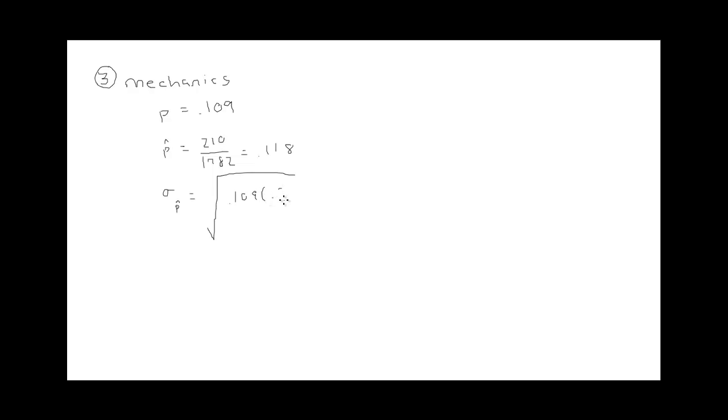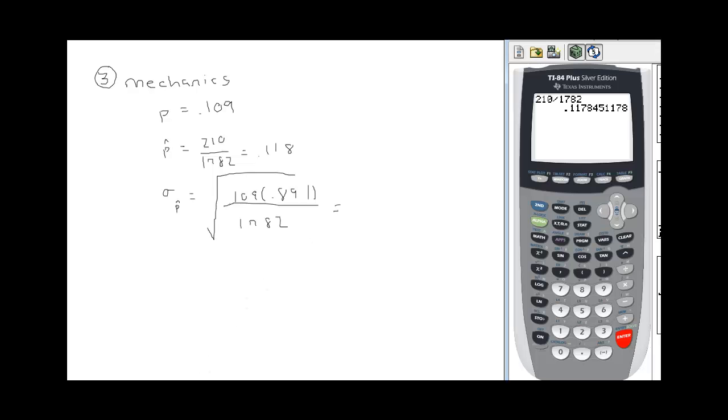So I'm going to calculate the standard deviation, which is going to be, in this case, the square root of 0.109 times the complement, 1 minus 0.109, which is 0.891, divided by my sample size of 1,782. Okay, let's figure out what that's going to be.